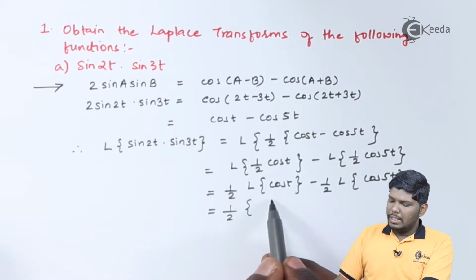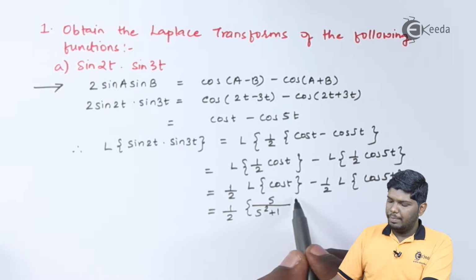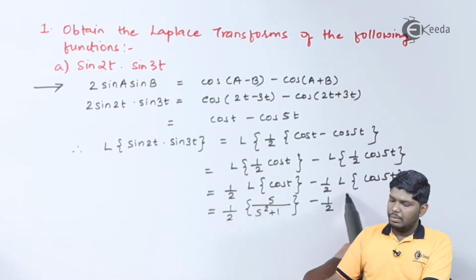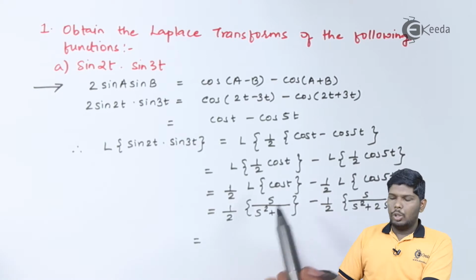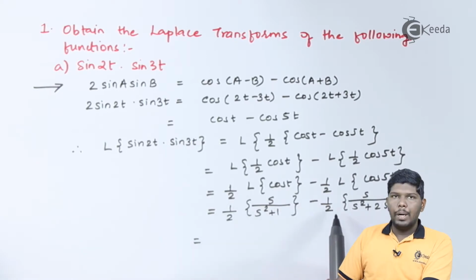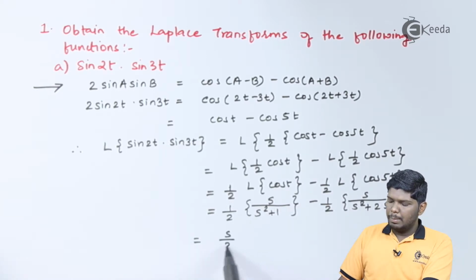So this will give you s upon s square plus 1 square, that is 1 only. Laplace of cos 5t will give you s upon s square plus 5 square, which will give you 25. On further solving, you can take s common and 1 by 2 common from both the terms, that is s by 2.